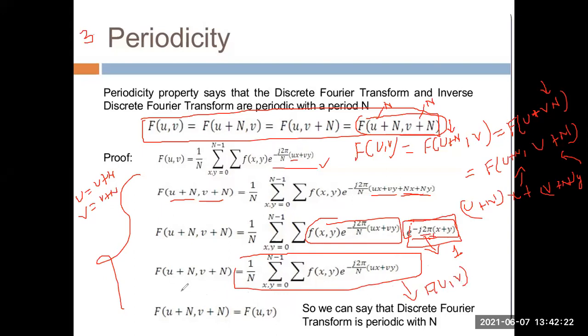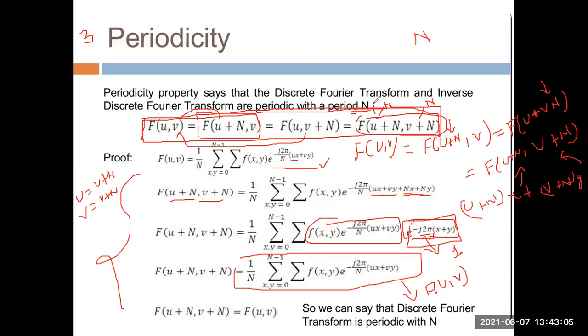So what it says is that if any periodic transformation is performed with the period n, then the Fourier transformation will be equal to its original Fourier transformation. You have to remember this formula. F of uv is the original Fourier transformation, which is equal to the transformation with respect to u with the period n, which is the first one. Similarly with respect to v, that will also be equal to the first one.